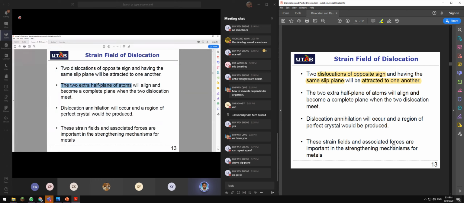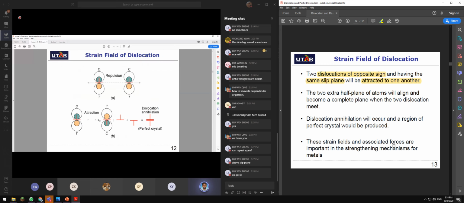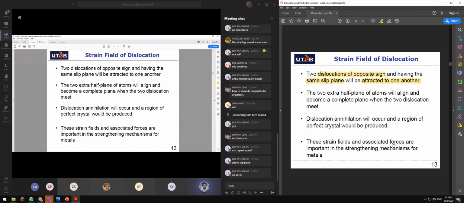The two extra half planes of atoms will align and become a complete plane when the two dislocations meet. These two extra planes meet and it becomes a perfect crystal. Dislocation annihilation will occur and a region of perfect crystal would be produced.